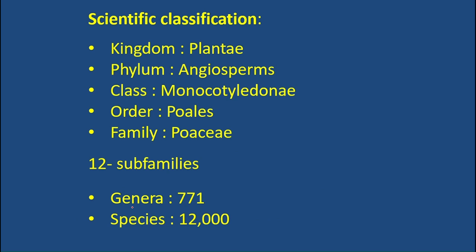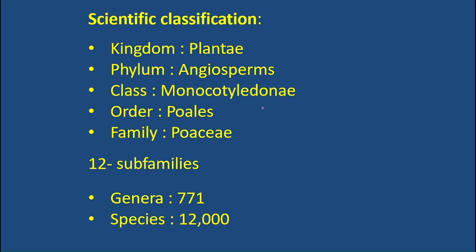First, we are going to discuss the systematic position of the Poaceae family. Kingdom Plantae includes algae, bryophytes, pteridophytes, gymnosperms and angiosperms. Due to the presence of a cell wall, this family is placed under the kingdom Plantae. Phylum angiosperms. Here, phylum is replaced by division for plant classification. So, division angiosperms.